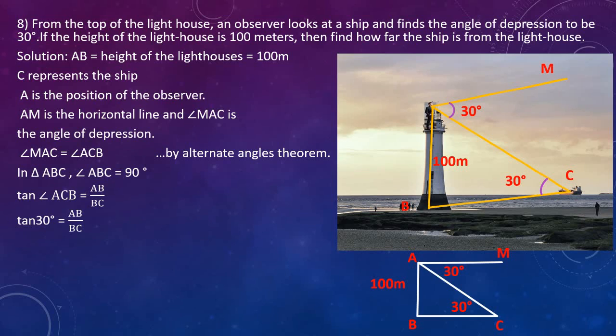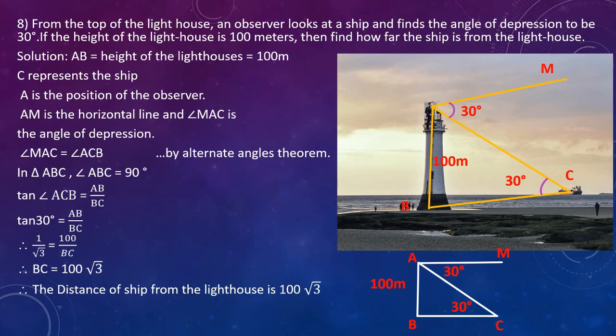Now let us substitute the value of tan 30 degrees from the table and the value of AB given in the question. So 1 upon root 3 is equal to 100 upon BC. Therefore BC is equal to 100 root 3. BC is the distance of the ship from the lighthouse. Hence the distance of the ship from the lighthouse is 100 root 3.